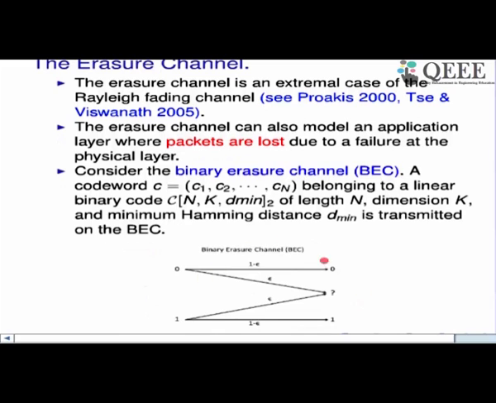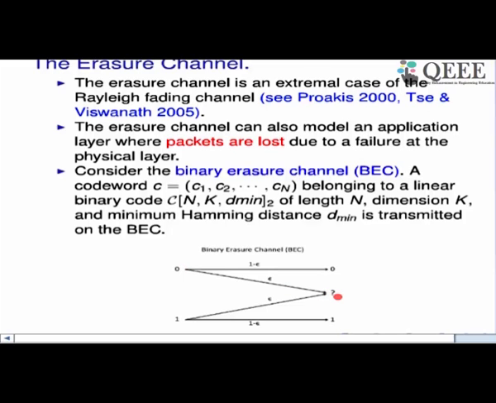Remember from information theory, this is how a binary erasure channel is modeled. You transmit a 0 and with probability 1 minus epsilon you receive a 0. But there is a non-zero probability epsilon that this symbol is totally erased, and it is represented by some symbol that is neither 0 nor 1. You can take it as X or Y, or a capital E that represents an erasure.